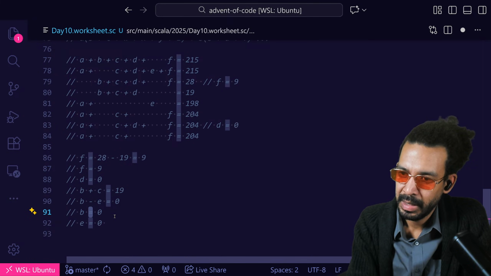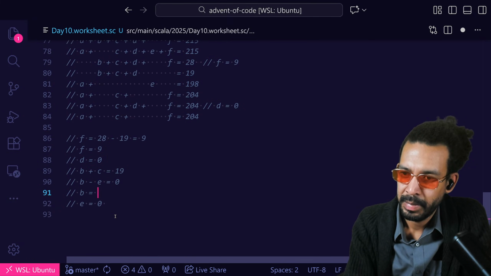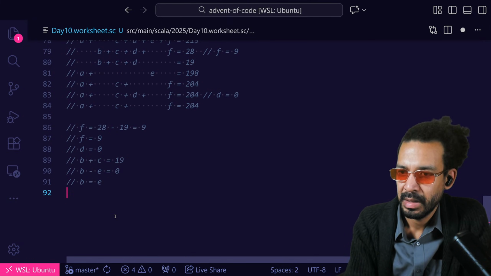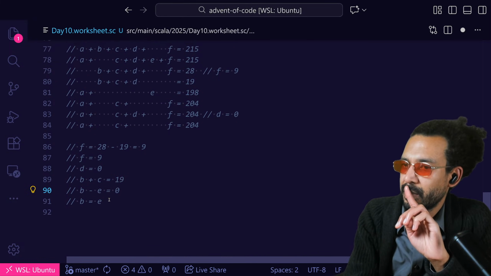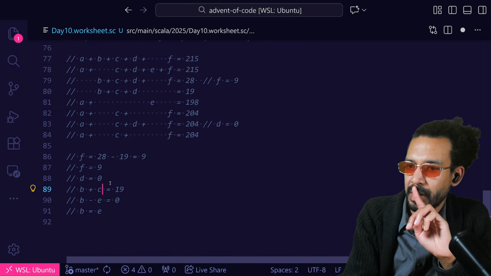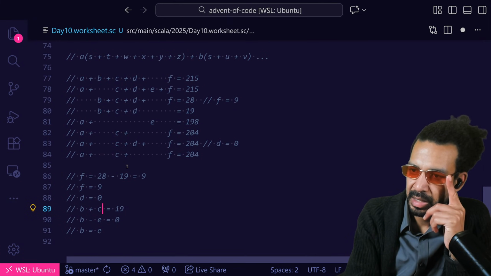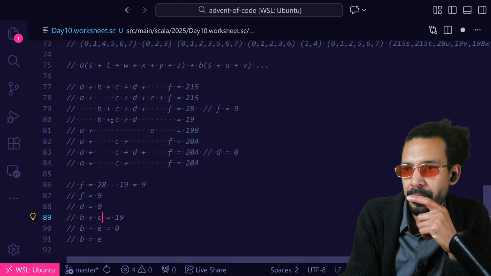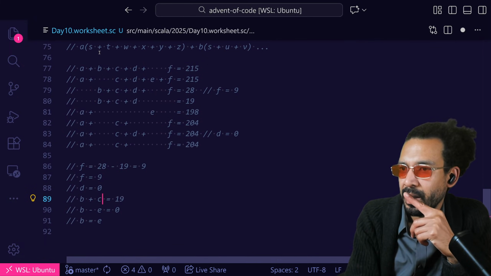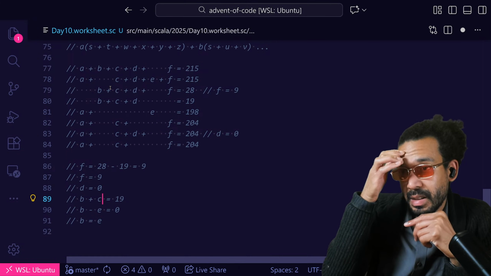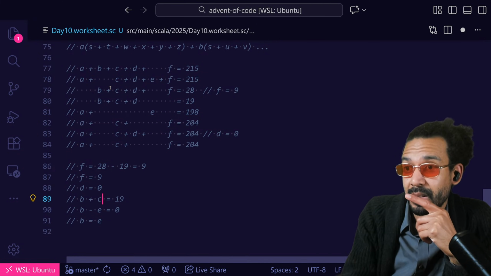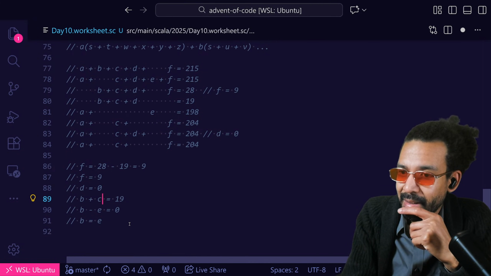Wait, we don't have a B equals 0. We had B equals E. So like C plus E is 19 too. If I can't solve this by hand, I can't expect to get a computer to do it.